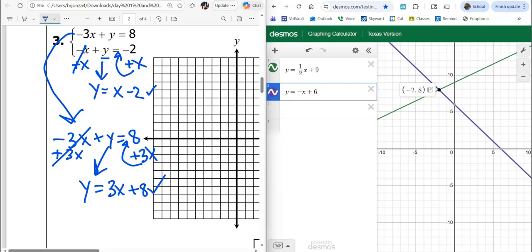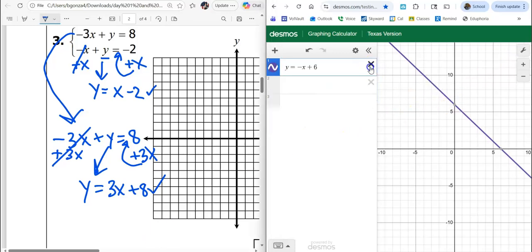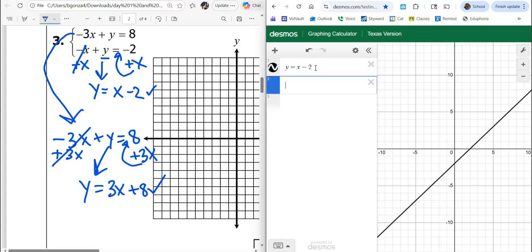Now, can you now graph both of those y's? You can. All right, so graph both of those now that they're y equals. Y equals x minus 2. Three x plus 8.